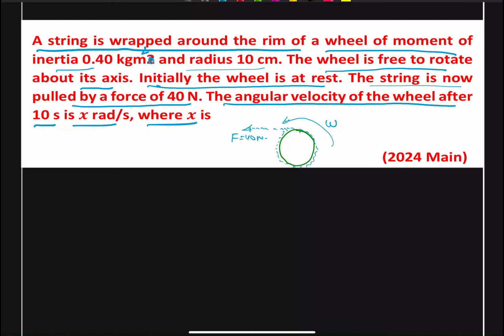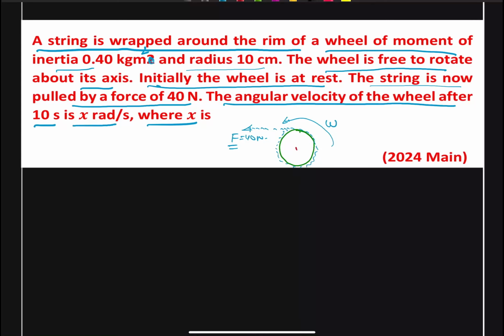The radius of this is about 10 centimeter, and so we have a force F, and let me mark the radius from the top side.